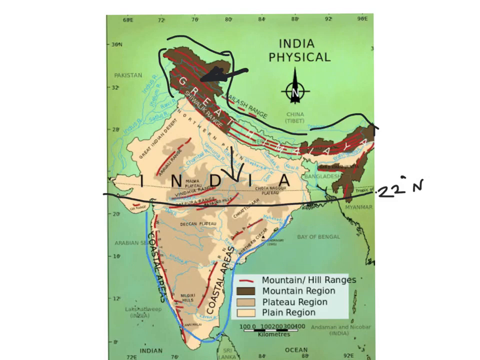What is a peninsula? It is a landmass surrounded by water from three sides. This part is tapering into the Indian Ocean, dividing the water into two separate water bodies. In the east, it is the Bay of Bengal, in the west, the Arabian Sea, and to the south, the Indian Ocean.